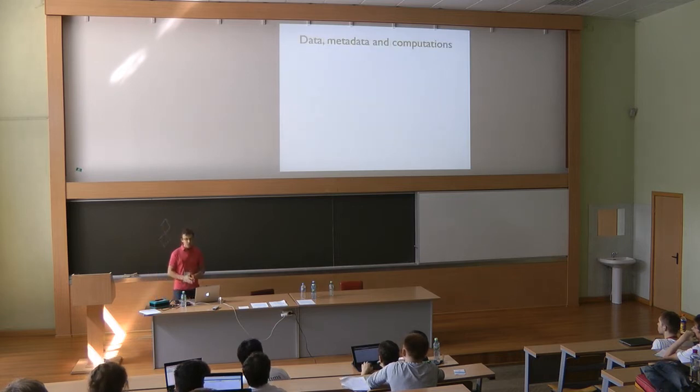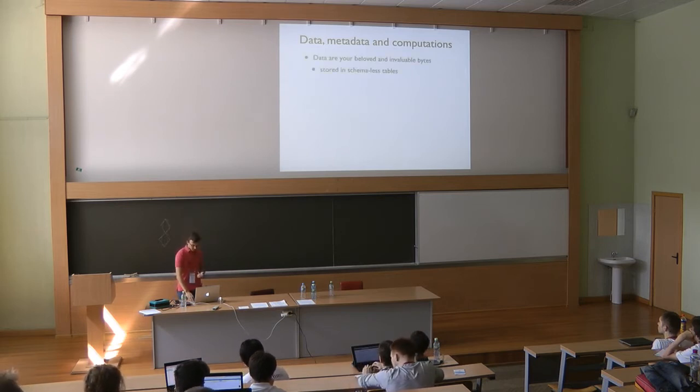Well, it is also worth a little bit of discussion what data, metadata, and computation are, because it affects how you design your system. So the data for the designer of a distributed computer system is just bytes, right? So when you, as a data analyst or a data scientist, work with the data, you think of user clicks, of user IDs, of search queries, or stuff like that.